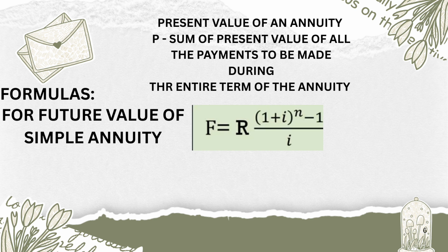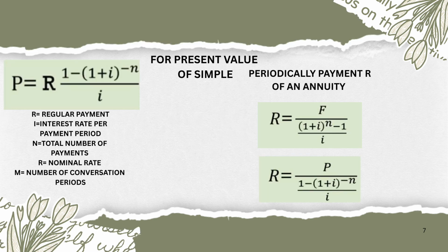Now for the formula of future value, it's F equals R times (1 plus i) raised to the power of n, minus 1, all over i. And for present value, it's P equals R times 1 minus (1 plus i) raised to the negative n, all over i.